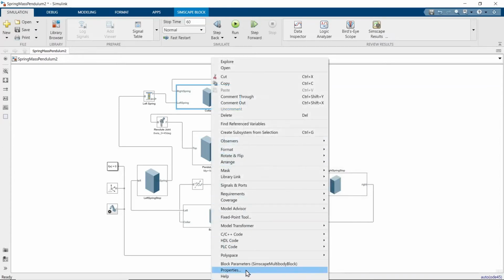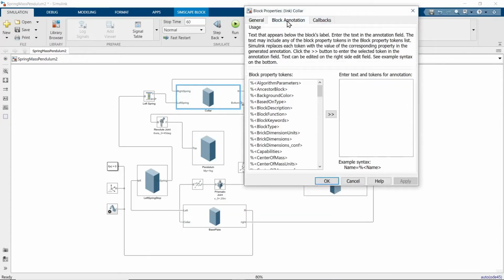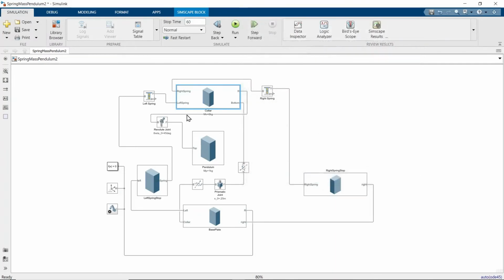Right click, properties, block annotation, mass of the collar. Let's say M sub C equals this. Apply and okay. So there's the mass of the collar. Let's move this out of the way. Okay, we got the masses and we got the initial positions.